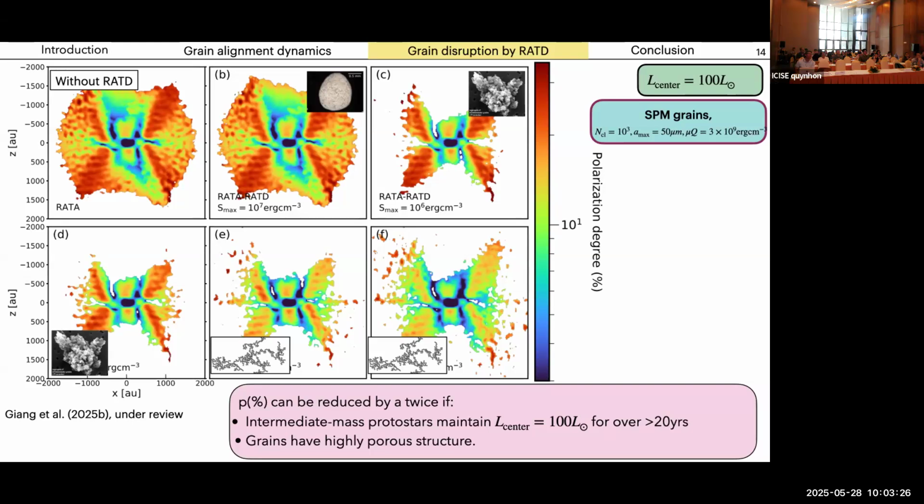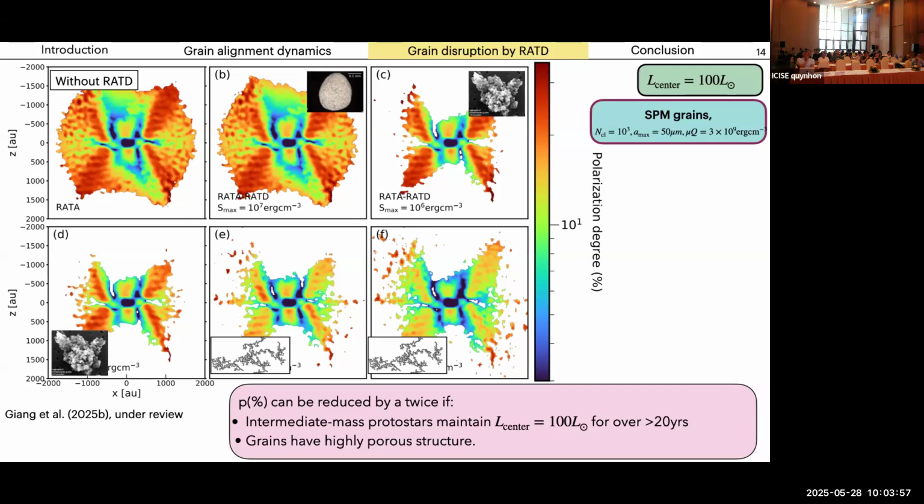So we indicate that without RAT, we expect to see an excess of the polarization degree along the outflow cavity wall and in the envelopes, because very large grains will be present here and can have efficient alignment with the magnetic fields, and it is lower along the outflow cavities because of the presence of a helical field due to the launching of the outflows. But when we take RAT into account, if grains have a composite or irregular structure, the polarization degree distribution does not change.